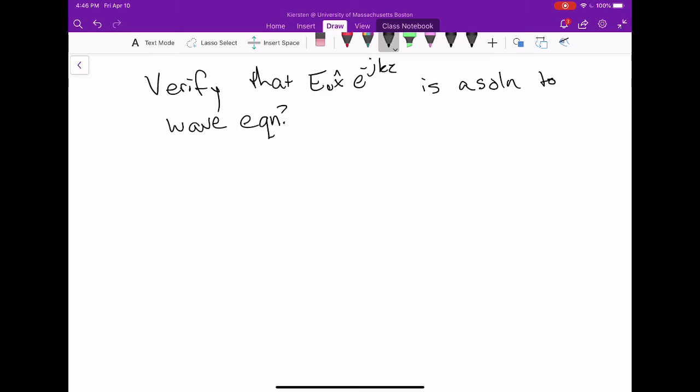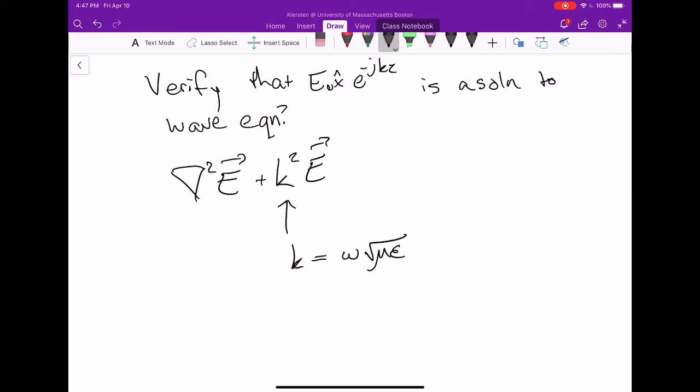That is that the Laplacian of E plus k squared E, I'm assuming a lossless medium for now, so the wave number k is omega square root of mu epsilon. We'll talk about lossy media next time. That is equal to 0. So let's find out if that's actually true.